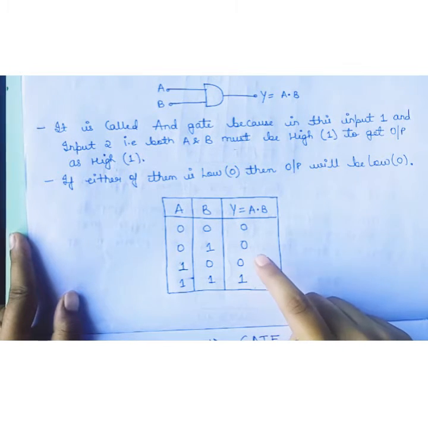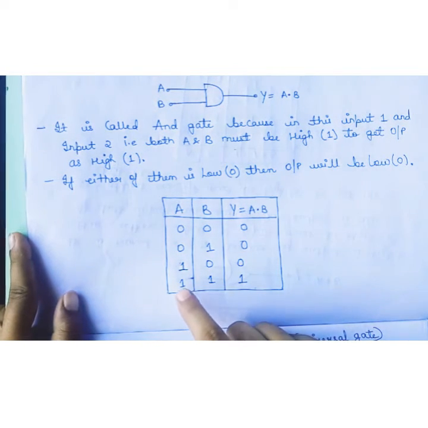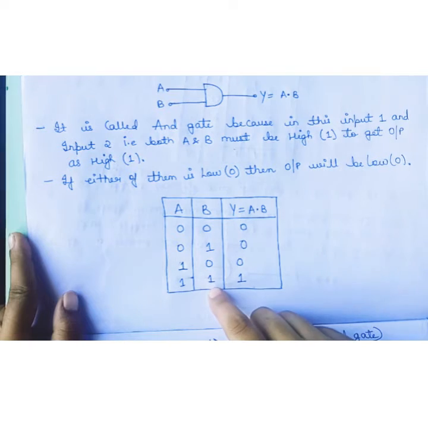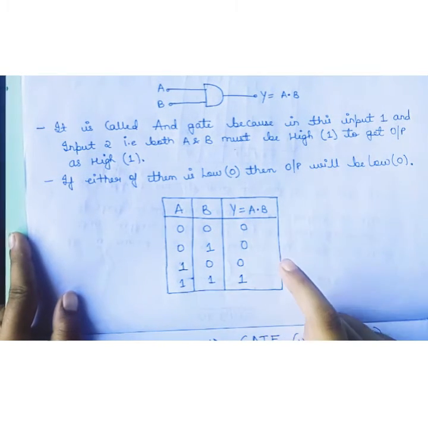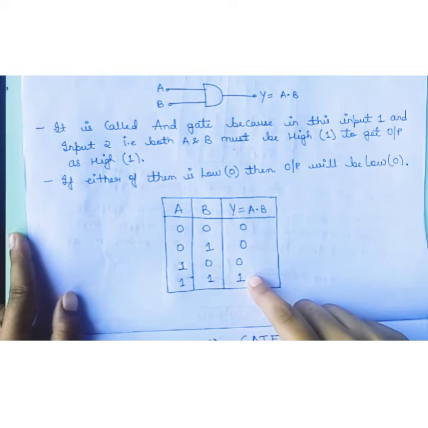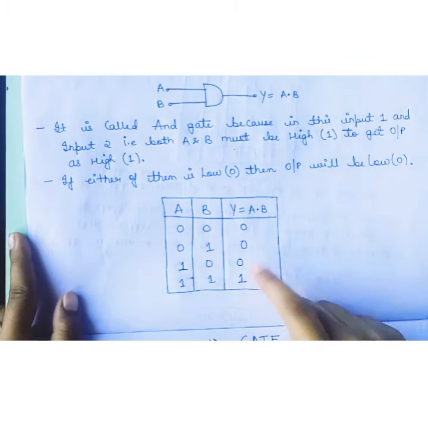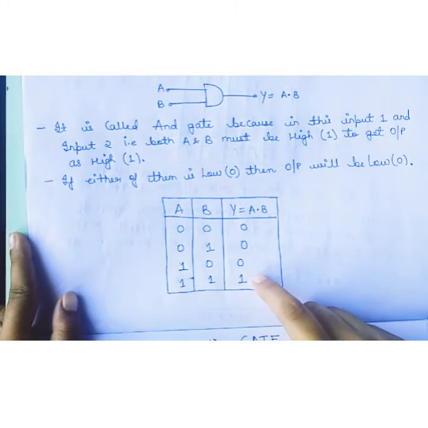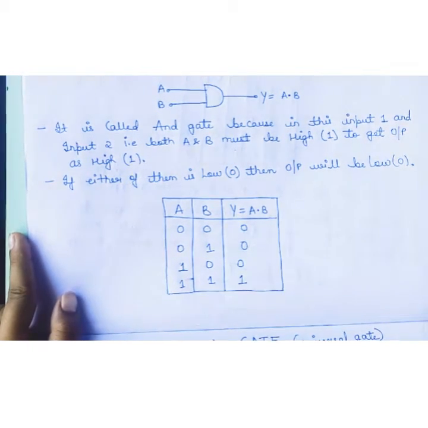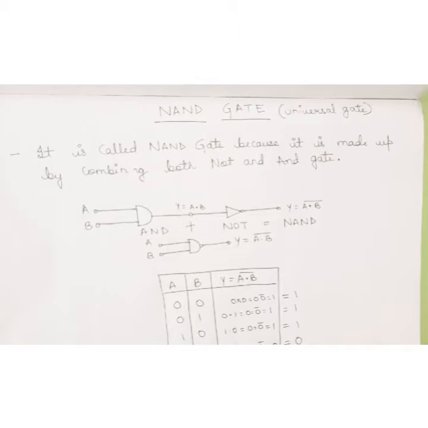So the output is again low. But if we give input A as 1 and input B as 1, then the output is 1 because 1 into 1 is 1. So the output is high. So in the case of AND gate, both A and B must be high, that is 1, to get the output as 1. So now I hope that you understood about these three basic gates: NOT, OR and AND.